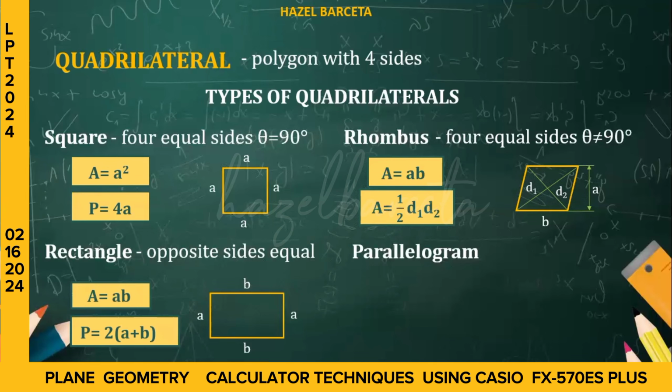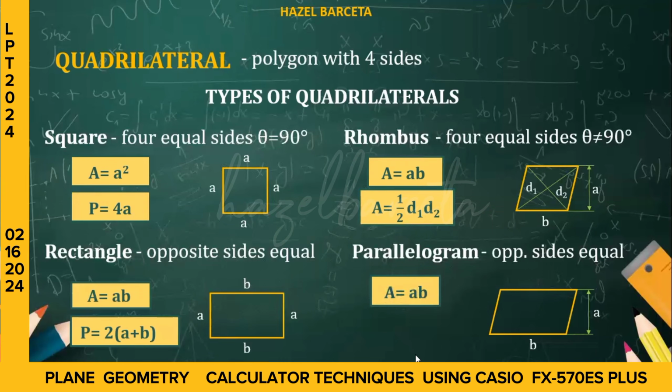Parallelogram, on the other hand, is just like the rectangle. Yun nga lang, ulit, that's like the rhombus na hindi po 90 ang theta. So here, we have A and ayun, we have to solve for the vertical dimension, B. So, just like rhombus, area is equal to A times B.